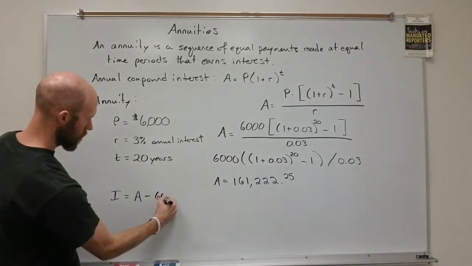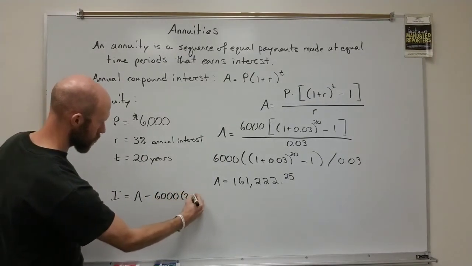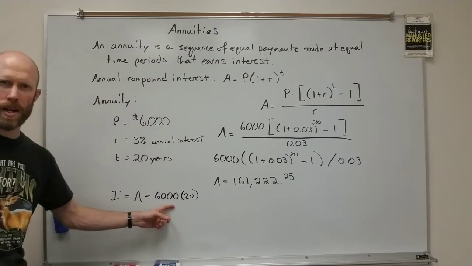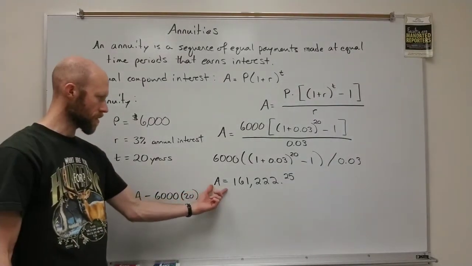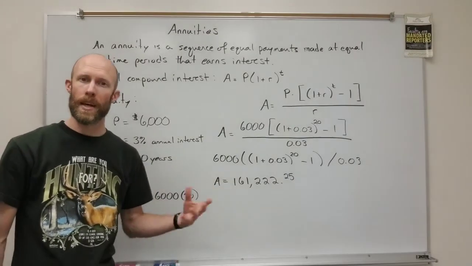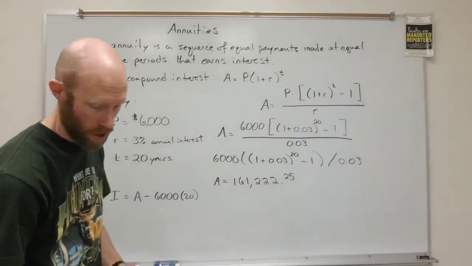So it'd be 6,000 times 20, 20 payments of $6,000 that you invested. Take that off of this annuity value, and that gives you how much interest you actually earned.